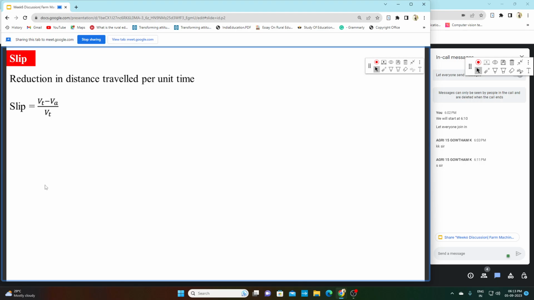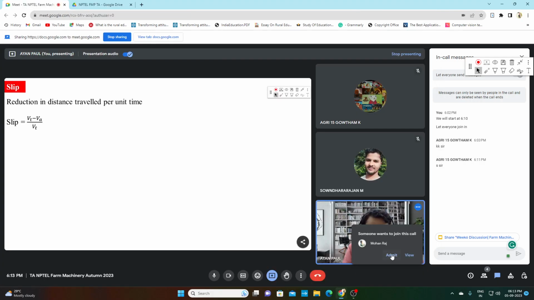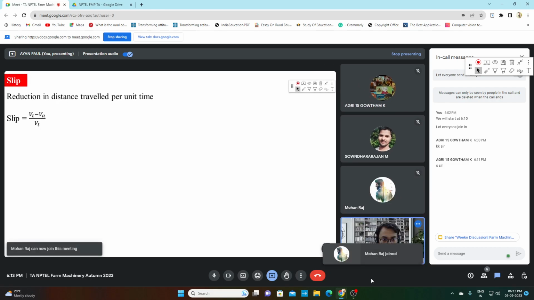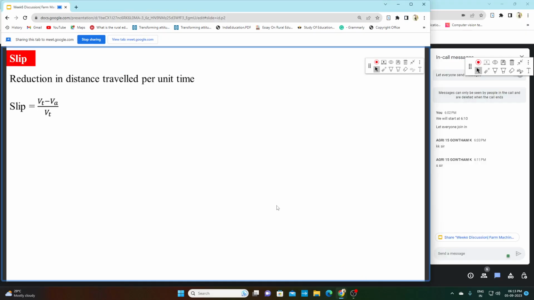Slip is reduction in distance traveled per unit time. Why is the distance reducing? This is because, due to the traction, our vehicle or our tractor is not moving with the velocity it should move. Its velocity is decreasing. So we have two velocities.